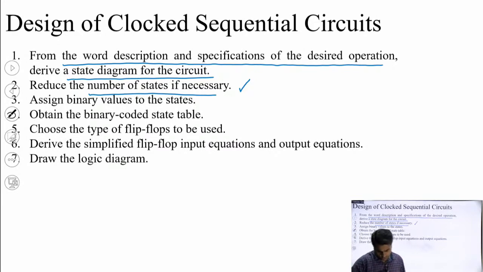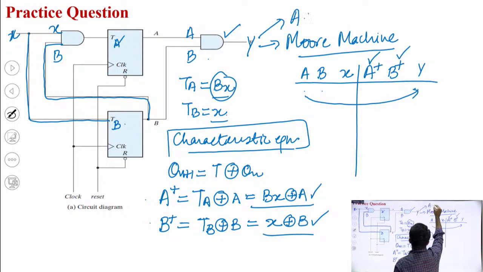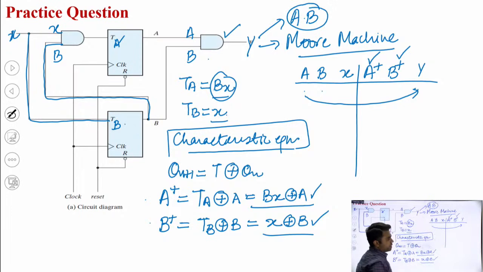There is one more question from Yash: sir, for output also do we have to use the characteristic equation? No, for output we need not use the characteristic equation. Getting back to this circuit, you can check here, this is the final output. This final output Y is equivalent to A dot B. It is independent of the characteristic equation.